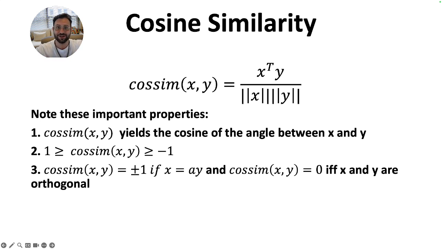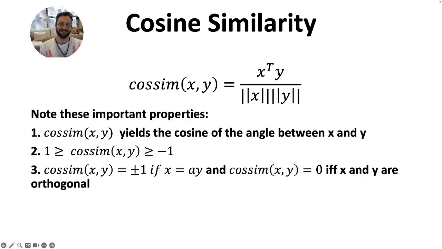We are not talking about any magnitude right now. So what we get with cosine similarity is nothing but the cosine of the angle between them, because when you normalize them, it is the only thing that you have.